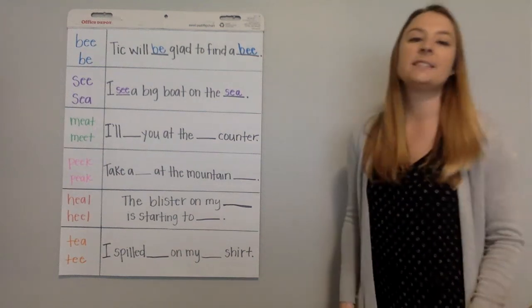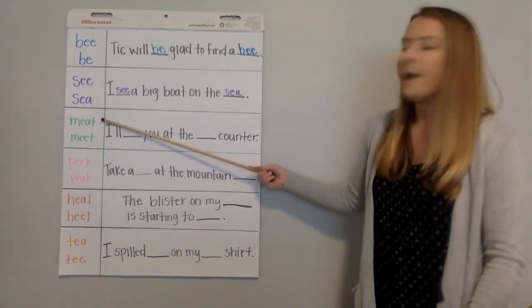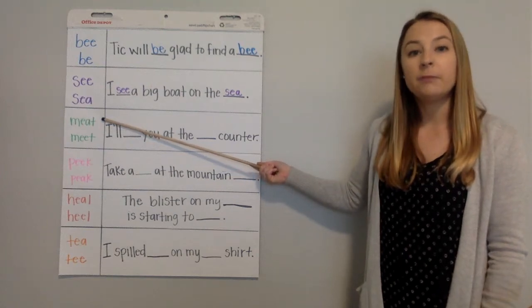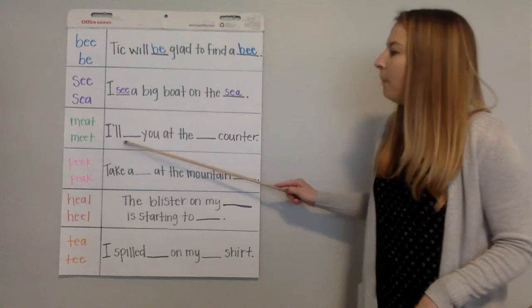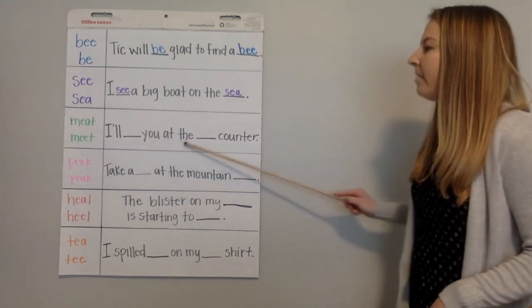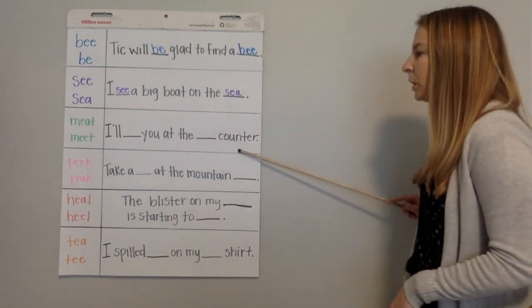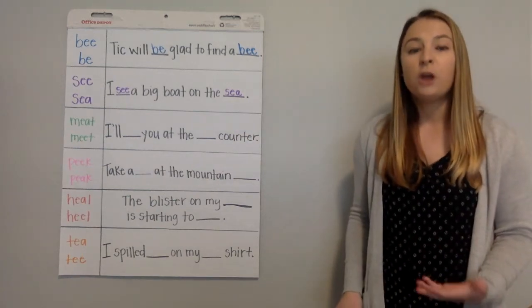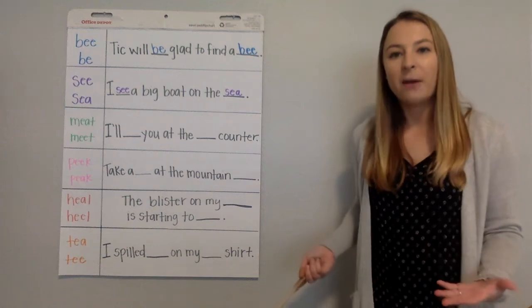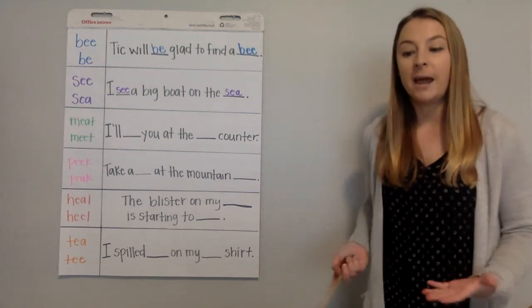For our third sentence, our homophones are meat, as in the meat we eat, chicken, beef, or meet, as in hey, nice to meet you. I'll blank you at the blank counter. Counter makes me think of the grocery store, and in the grocery store, you've probably seen the meat counter where you can go up and buy different types of meat.